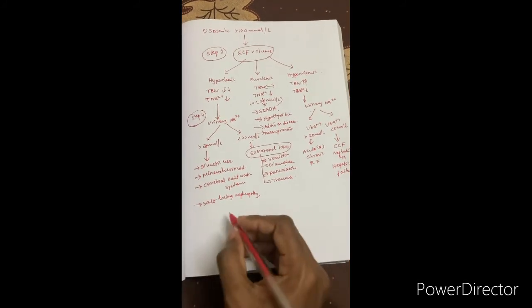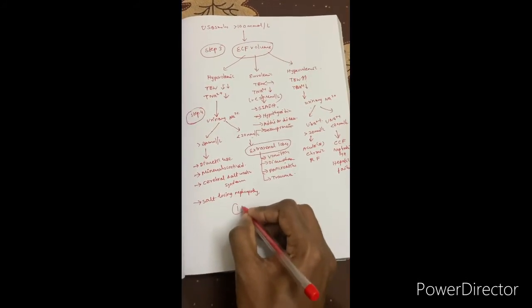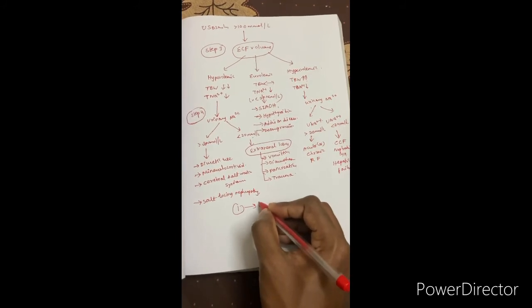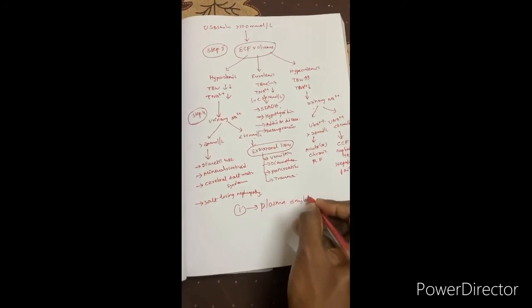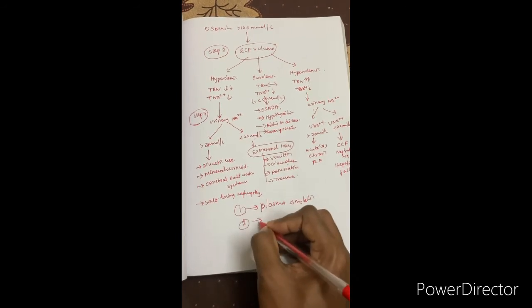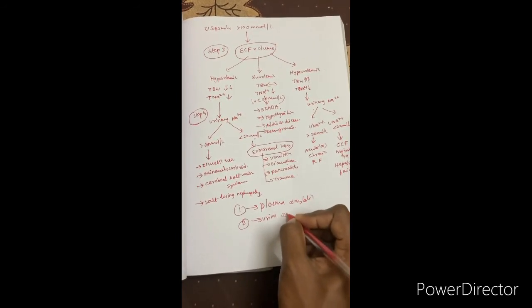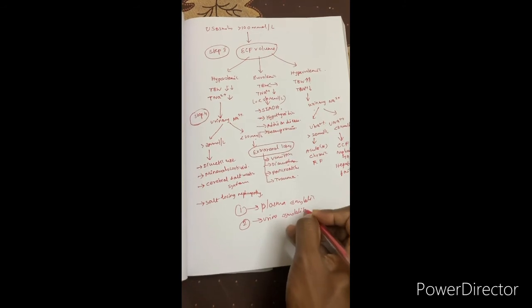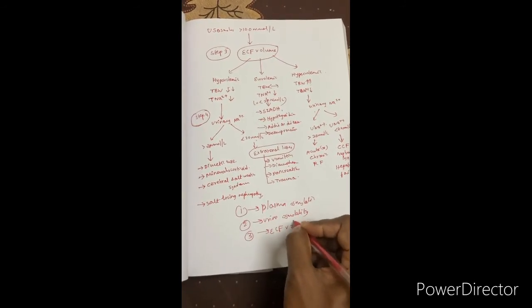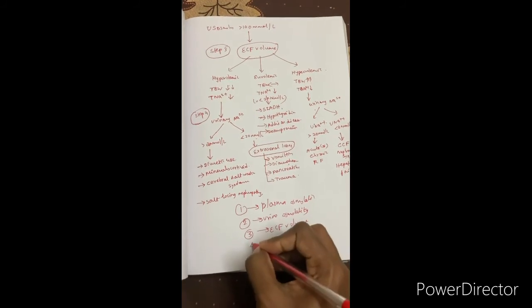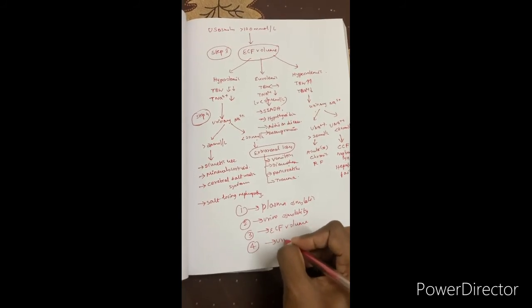These are the steps. First step is plasma osmolality, second step is urine osmolality, third step is the extracellular fluid volume, and fourth step is urinary sodium.